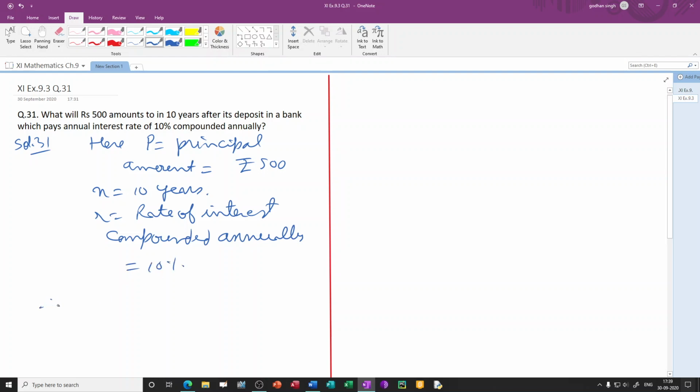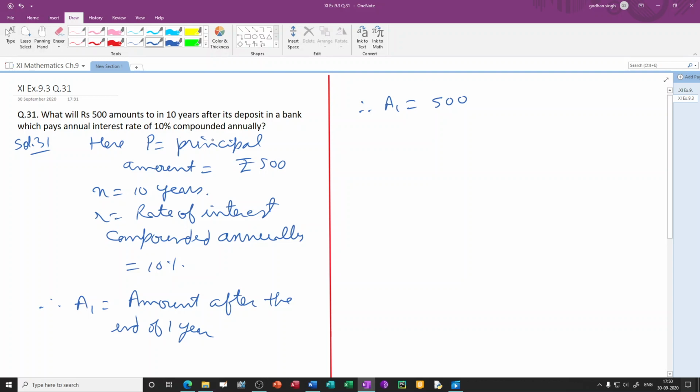A1 represents the amount at the end of the first year. Our original amount is rupees 500, and the interest is 10% per year compounded annually.